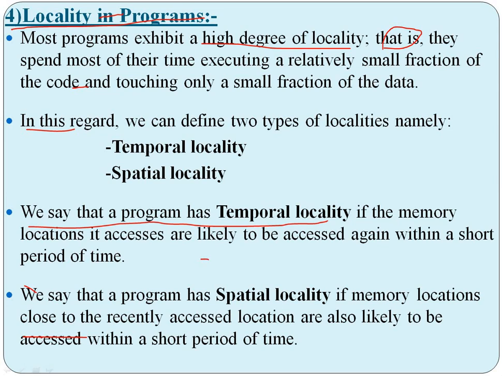Next, what is spatial locality? We say that a program has spatial locality if the memory locations close to the recently accessed location are also likely to be accessed within a short period of time. A small difference is there. According to spatial locality, we are not going to access the same memory location again and again.